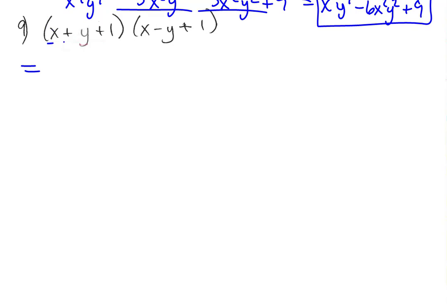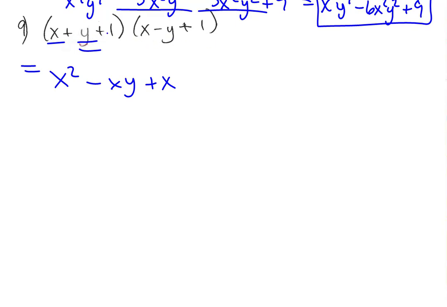I'm going to start with the x, the first term in the first set of parentheses, and distribute it to all the terms in the second set. Well, x times x would be x squared, x times negative y would be negative xy, x times 1 would be a plus x. Now we back up, take the second term, and distribute it to all the same terms in the second set of parentheses.